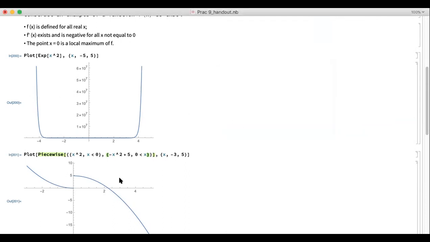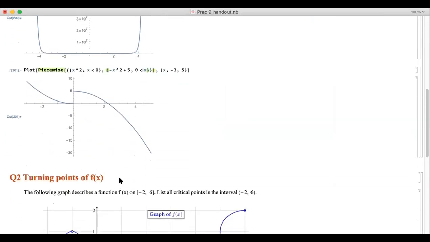Okay, any hint? Can you try to change the left-hand side function so that it's always decreasing?